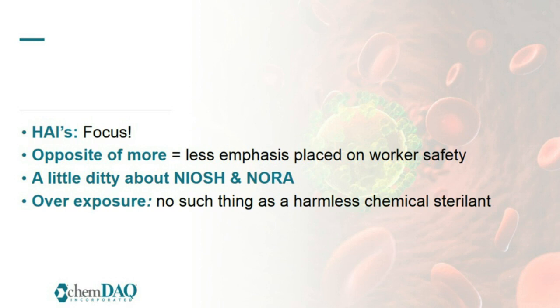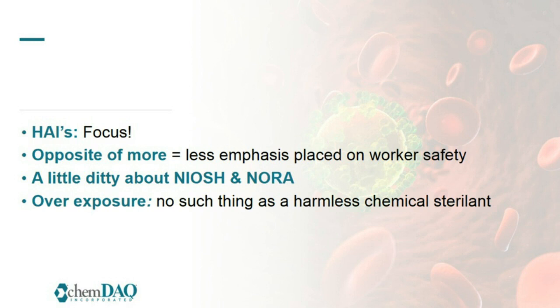As a matter of fact, if you're overexposed to glutaraldehyde or OPA and peracetic acid, they've both been linked to respiratory asthma, occupational asthma, and irritation, which brings us to that oxymoron that there truly is no such thing as a harmless chemical sterilant.